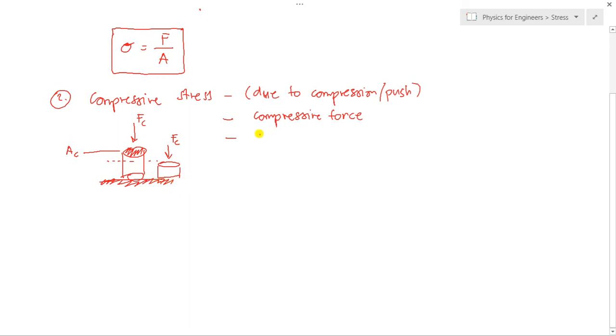So for compressive, again the compressive force is perpendicular to the cross-sectional area. In symbol, sigma C is equal to the compressive force over the cross-sectional area.